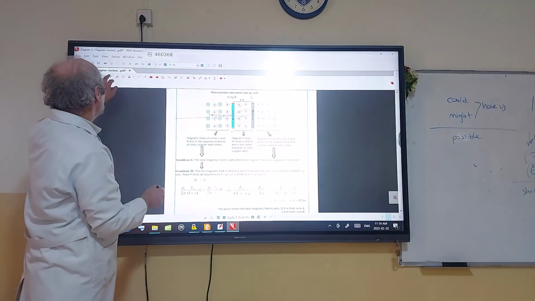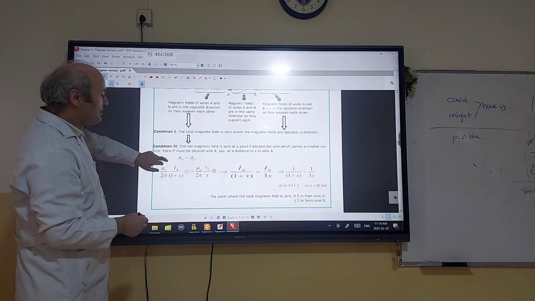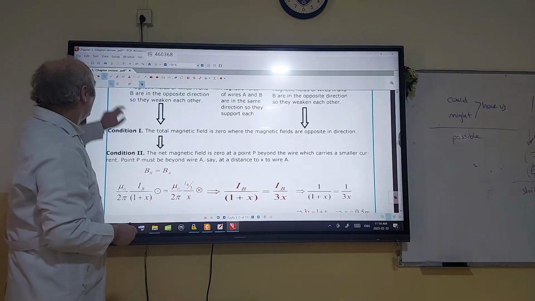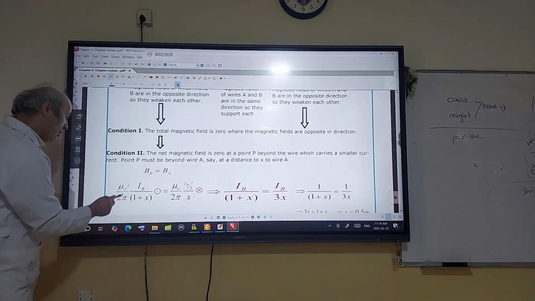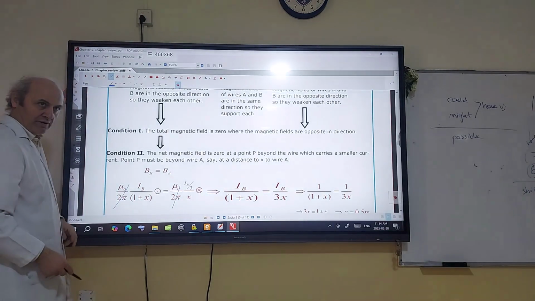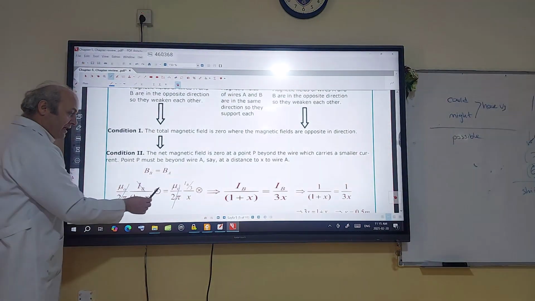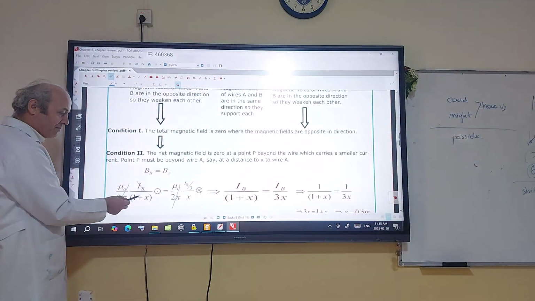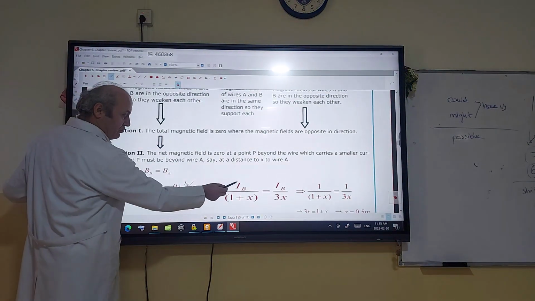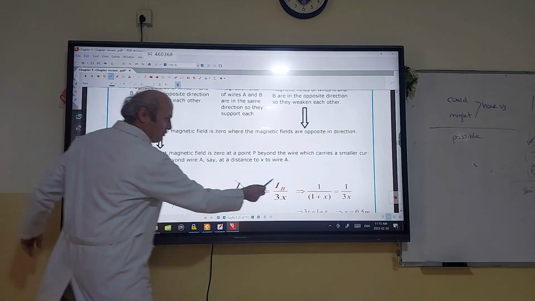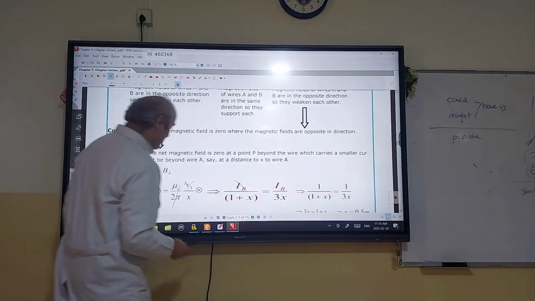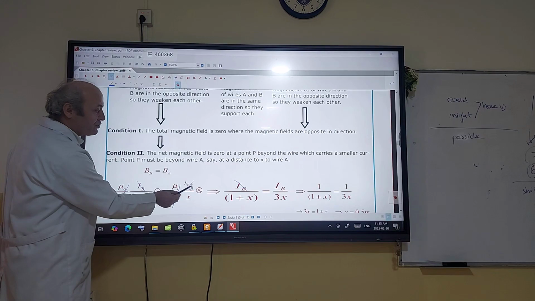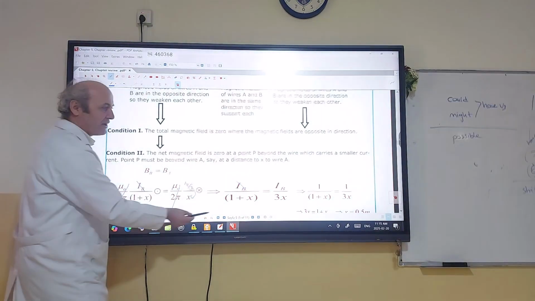So instead of IA, I am going to write IB over 3. Then I will make the simplification. Mu over 2 pi, simplified. IB and IB, simplified. What is left in here? 1 over 1 plus x. What is left in here? This 3 goes into the denominator, 1 over 3x.